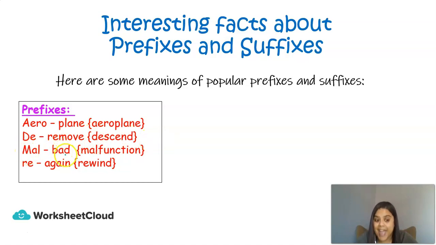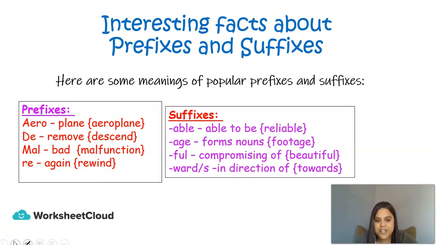Mal means bad, and if you add it to the root word function, you can say malfunction. Re means again, like in the word rewind.